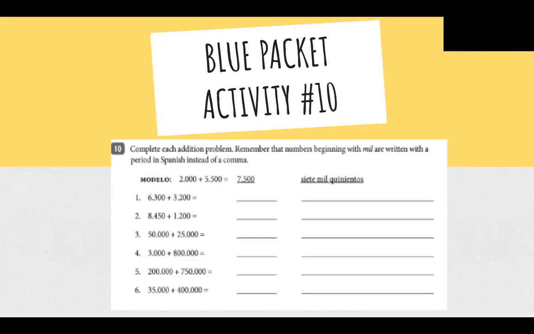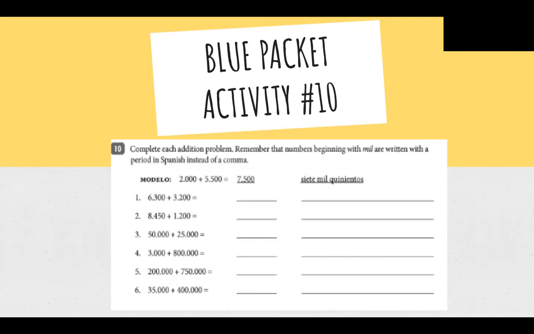Way to go. So for number 1, you have 6,300 más means plus, 3,200 es igual a equals, that's what that means. And then you should have there 9,500 as your answer. So if you're writing that with words, that is going to be 9,500.